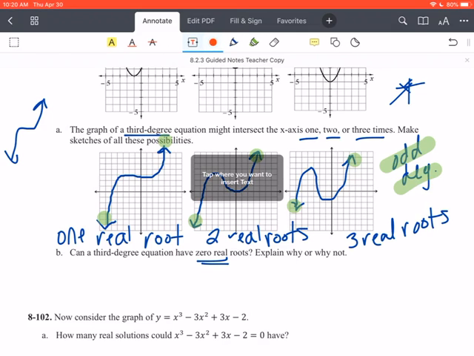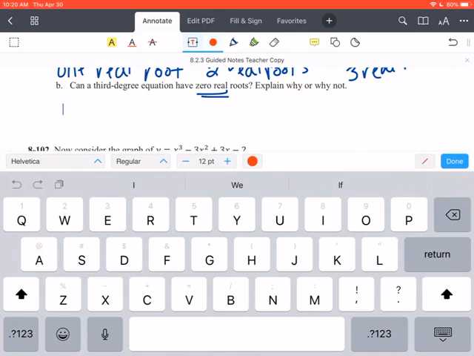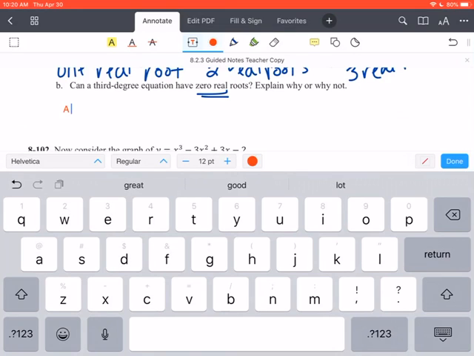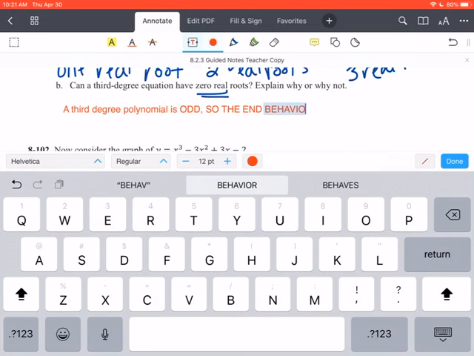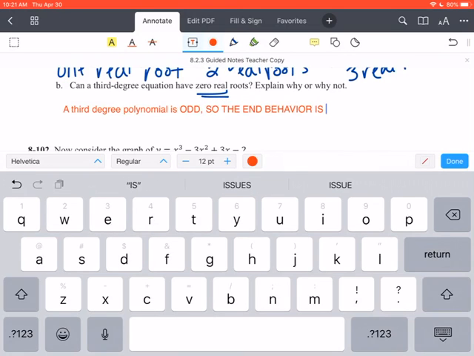Okay, let's see. So can a 3rd degree equation have 0 real roots? Well, our answer in explanation is a 3rd degree polynomial is odd. Let's see. So the end behavior is opposite.